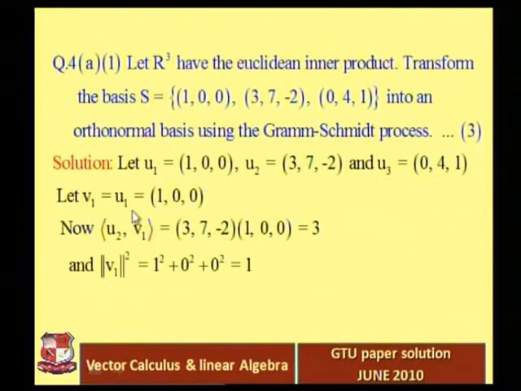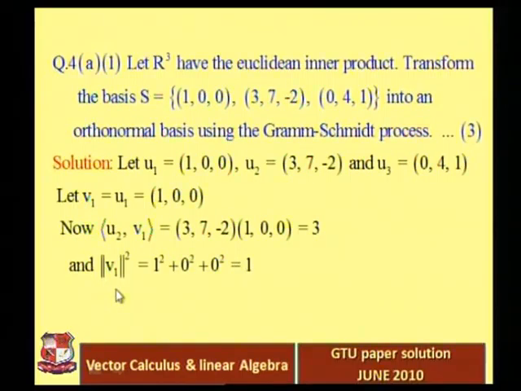Now let v1 be equal to u1, that is 1 0 0. First of all, find the inner product of u2 with v1. u2 is 3 7 minus 2 and v1 is 1 0 0, so it is simply a dot product: 3 into 1 plus 7 into 0 plus minus 2 into 0, so that becomes 3.